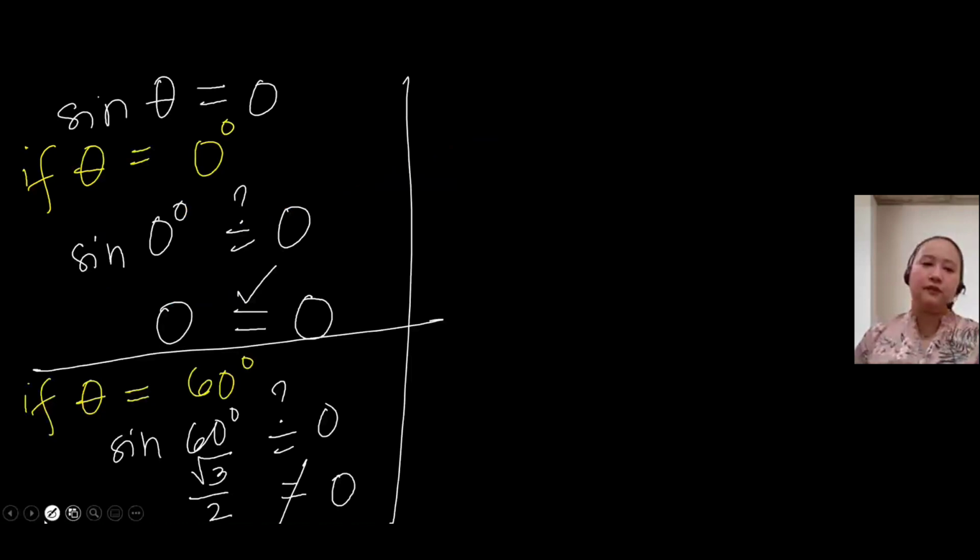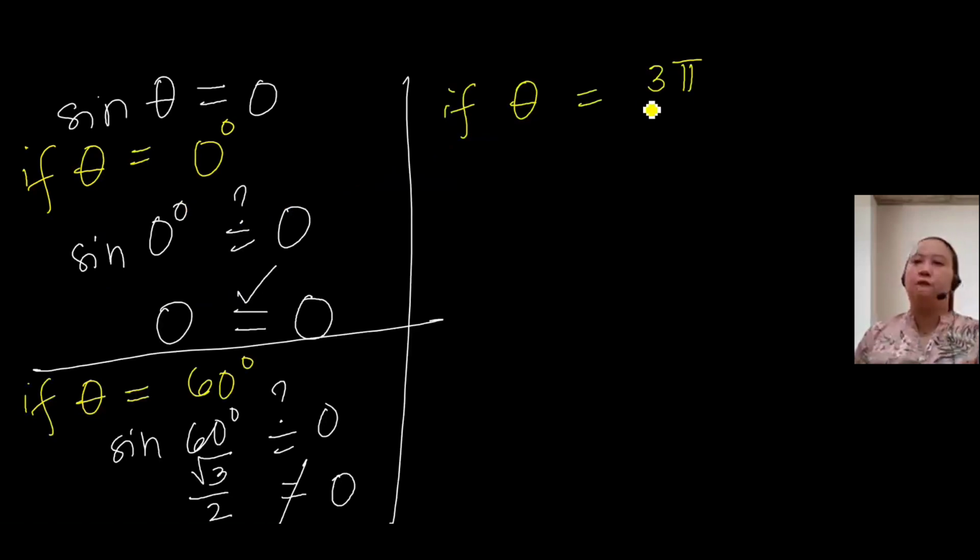Okay, another one. If theta is, let us have radian, 3 pi over 2. Remember, since you can see here the angle doesn't have the small circle, it is very obvious that this is radian.